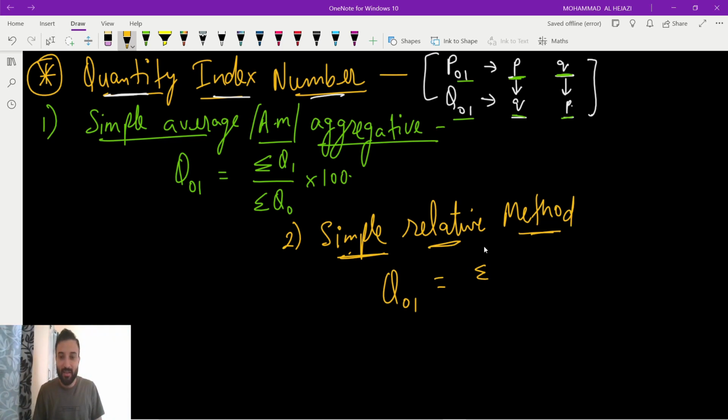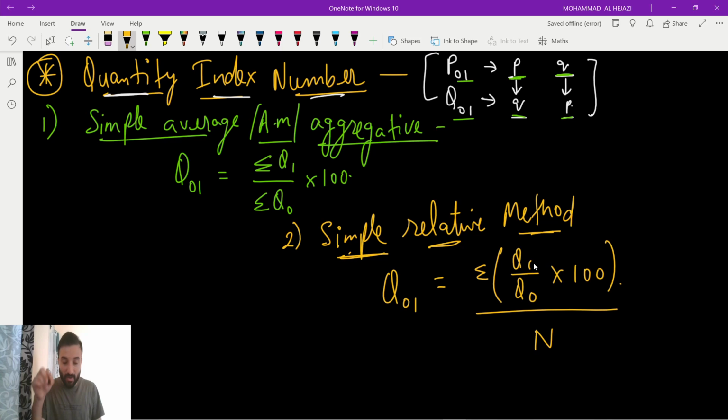Okay. So simple relative method means summation of, just match the formula for the price index number and quantity index number. What we are doing, we are just changing P with Q and Q with P. Summation of that was P1 by P0, so the same Q1 by Q0 into 100. And the method, guys, is same as I have explained.